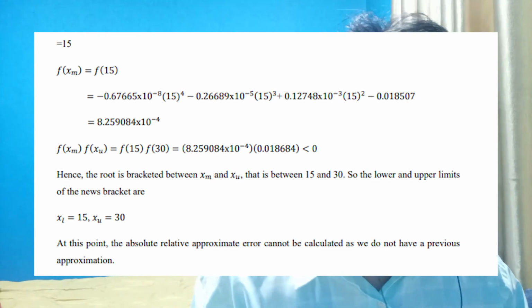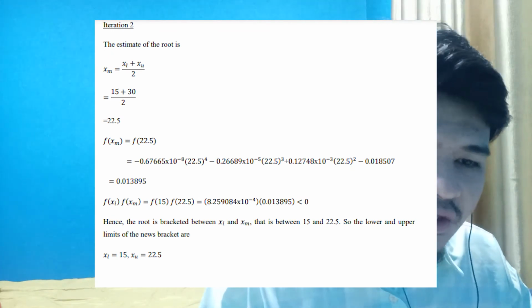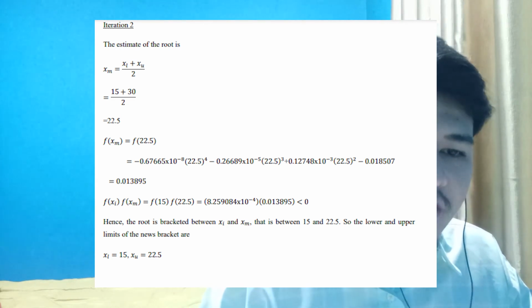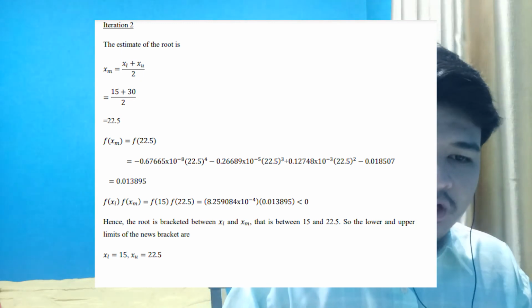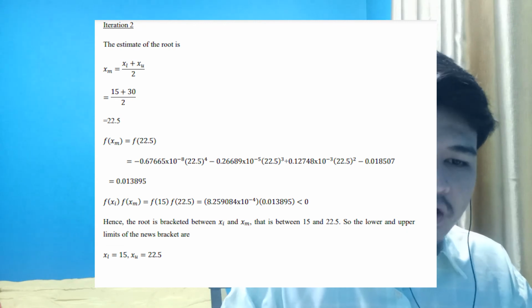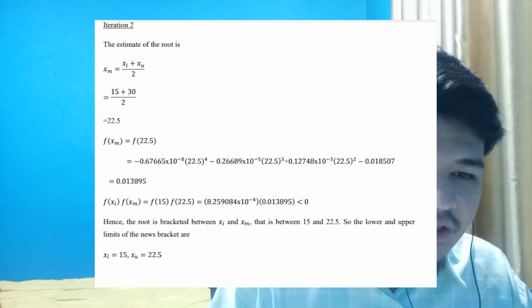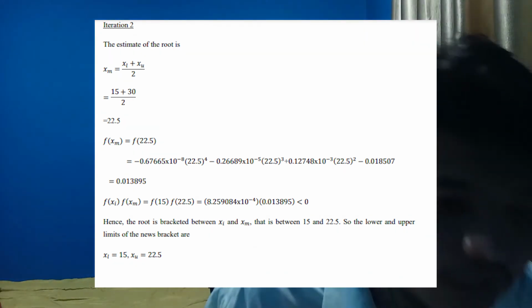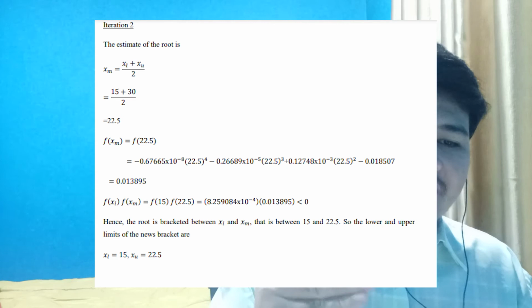So in iteration 2, the estimate of the root is xm equals to xl plus xu over 2, and we will plug in the values and the result is 22.5. And f(xm) for this iteration 2, f(22.5), we plug in the values and we will get 0.01385. So f(xm) equals to f(15) times f(22.5).